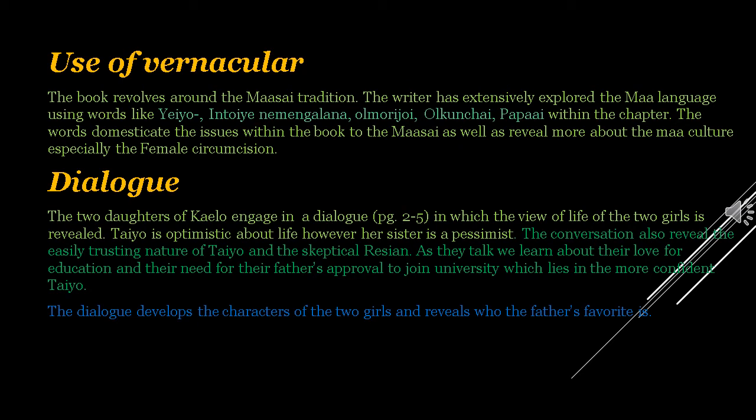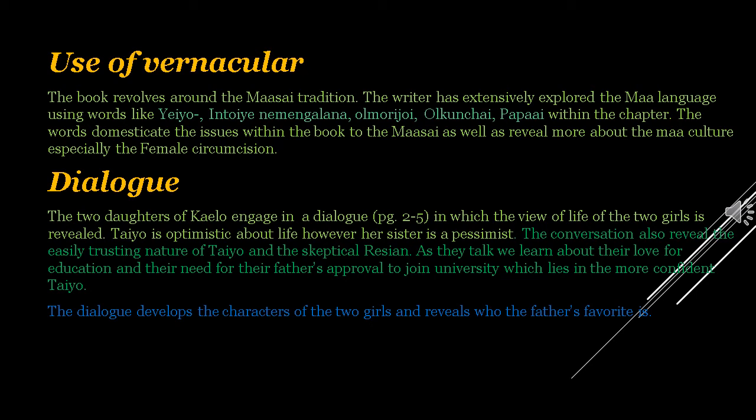Another figurative language, students, is the use of dialogue. The two daughters of Kaelo engage in a dialogue in pages 2 to 5, in which the view of life of the two girls is revealed. Tayo is optimistic about life. However, her sister is pessimistic. The conversation also reveals the easily trusting nature of Tayo and the skeptical Resian.